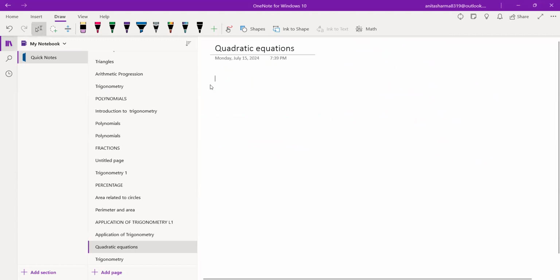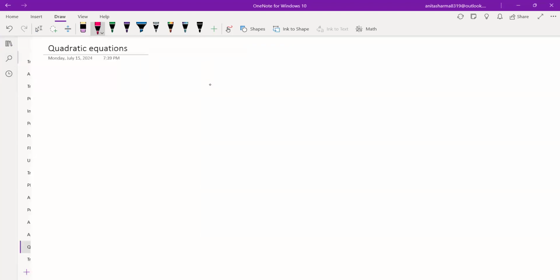Okay, for 10 minutes we will revise this quadratic equation, then we will do our application of trigonometry. See, what is quadratic equation? Moksha, what is quadratic equation? Okay, Abhinav.